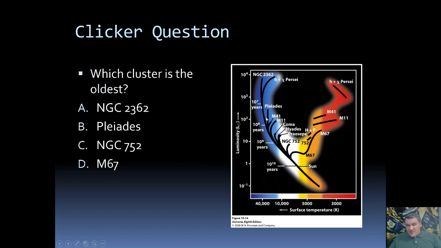NGC 752 is way down the line along the main sequence, but it's not the very lowest one. Its turnoff point is somewhere in the middle of the white stars. But M67, of all of these, has the turnoff point that is the very, very lowest. And because it's the farthest down the main sequence, this is going to be the very oldest cluster. So M67, answer D, is the correct one.